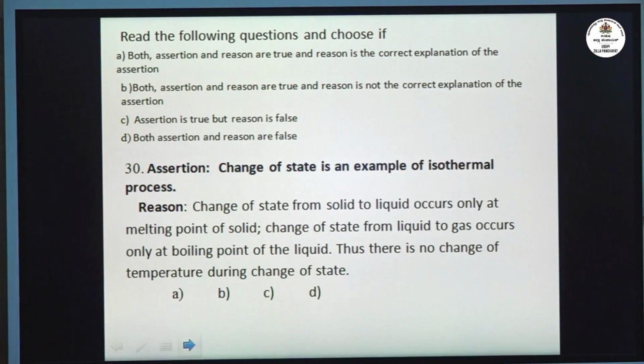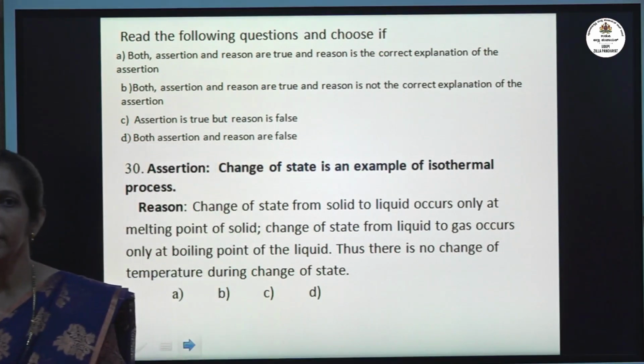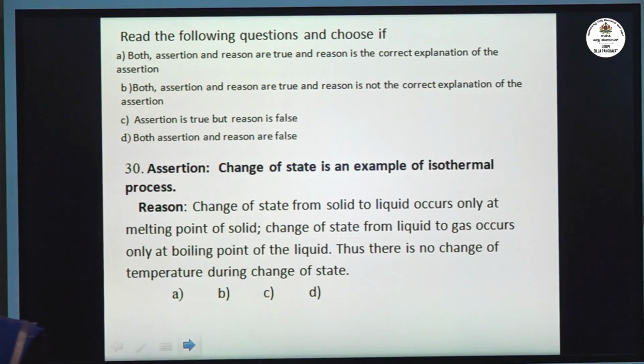Next, again, assertion: change of state is an example for isothermal process. Isothermal: changes in pressure and volume take place at constant temperature.